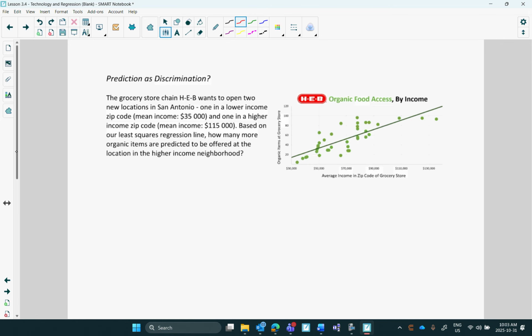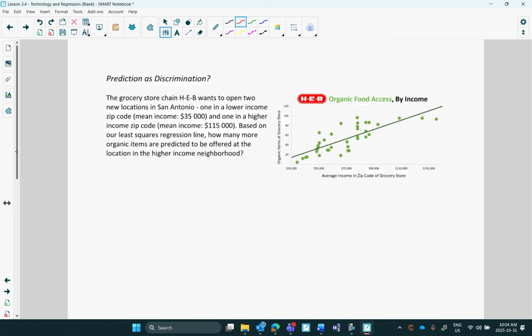And just to finish up, we can possibly use prediction as discrimination. So this is our grocery store example again. We were given the least squares regression line equation.